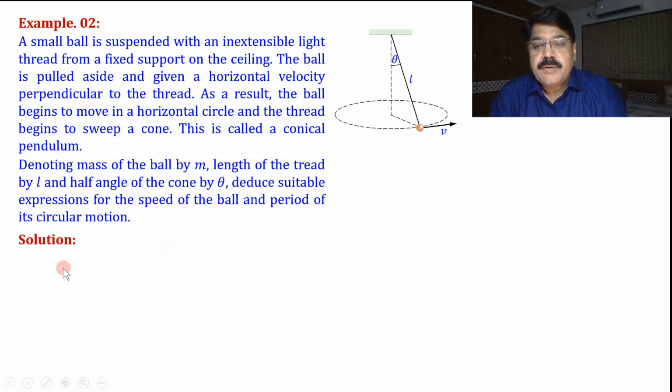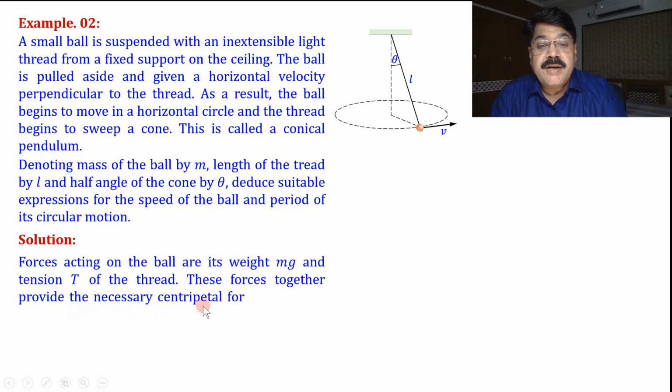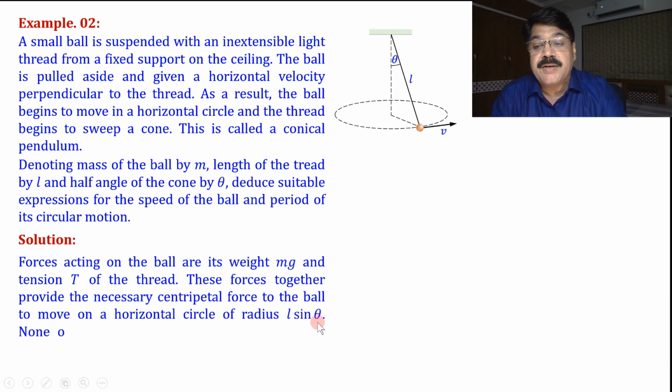Forces acting on the ball are its weight mg and tension T of the thread. These forces together provide the necessary centripetal force to the ball to move on a horizontal circle of radius L sine theta.